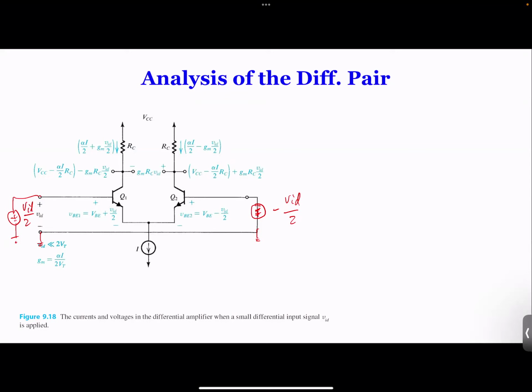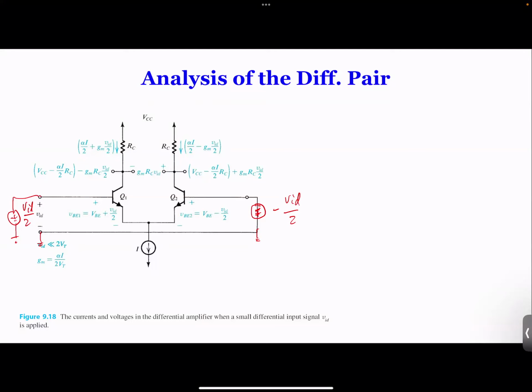If you look at this, we now have the VBE, because this is common to both. So this VBE over here becomes the DC VBE plus 1/2 VID. But this one becomes VBE, the DC bias voltage, minus 1/2 VID.